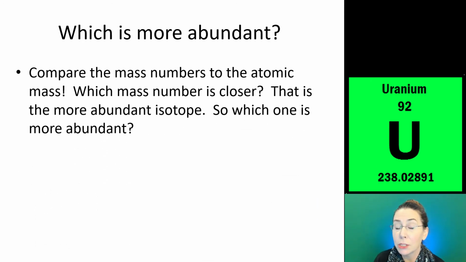You want to ask yourself, which of these mass numbers is closer to the atomic mass given on the periodic table? Whichever one is closer, that is the most abundant isotope. So which one here is more abundant? In this case, our more abundant isotope would be uranium-238.